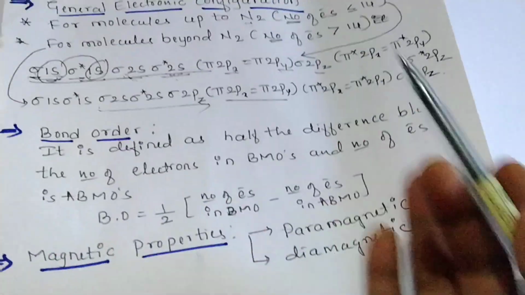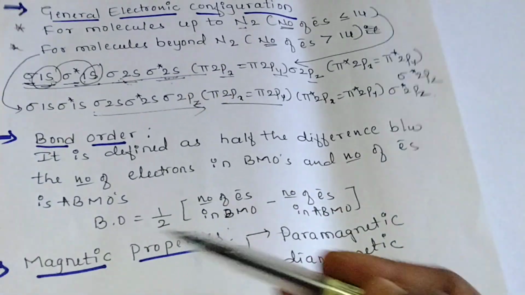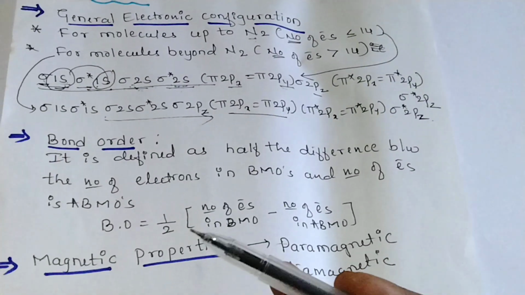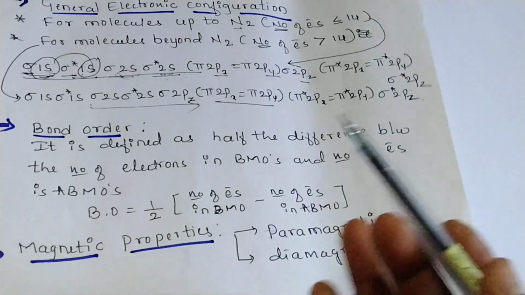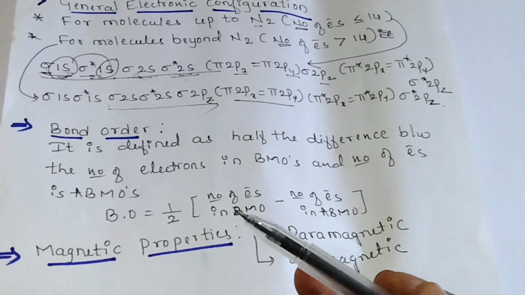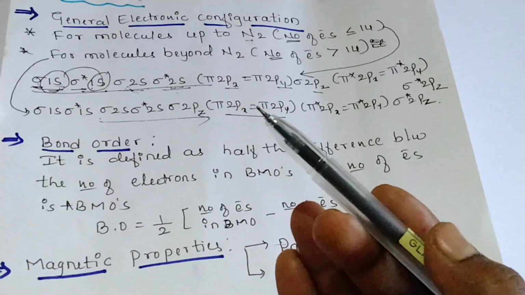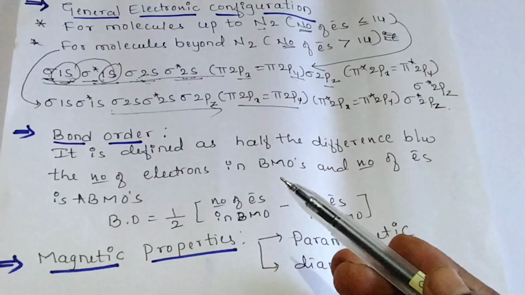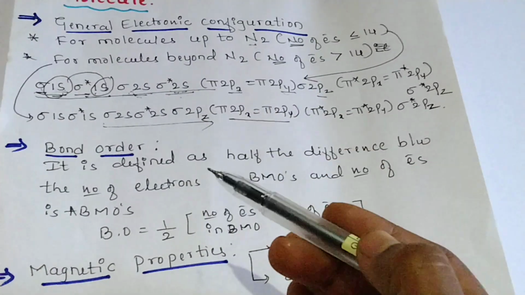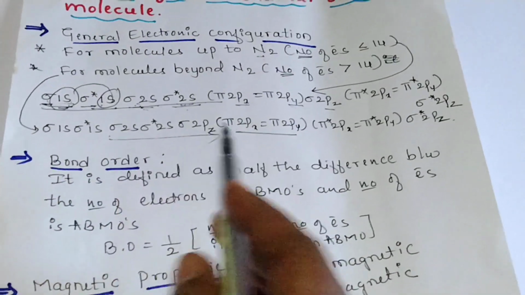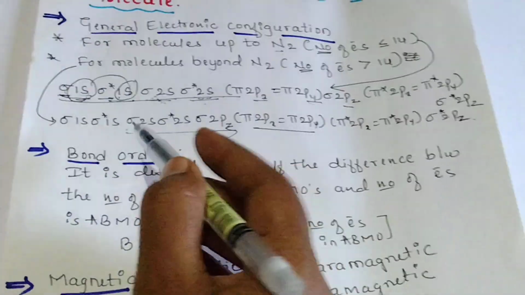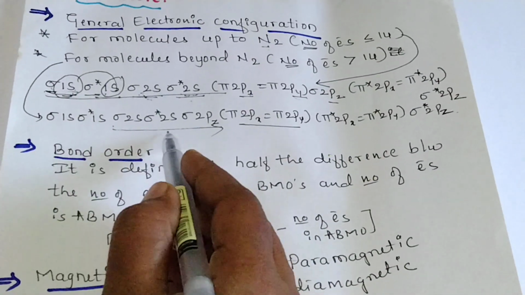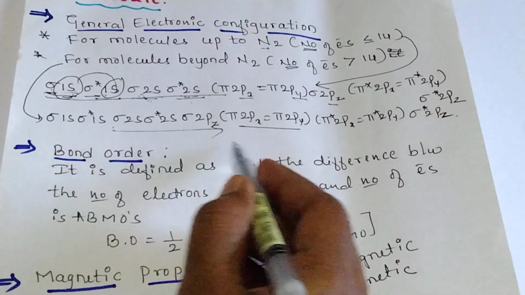In a general electronic configuration, the accommodation of electrons follows three rules: Pauli's exclusion principle, the Aufbau principle and Hund's rule of maximum multiplicity. Here also the configuration follows the same rules, and we write it in increasing order of energy.